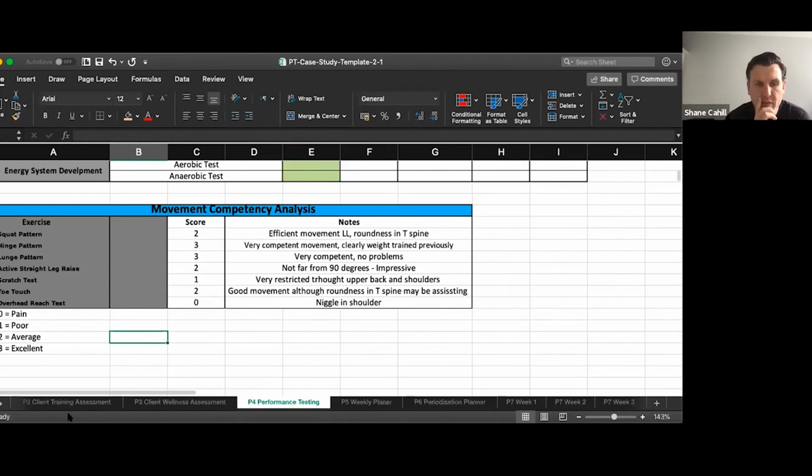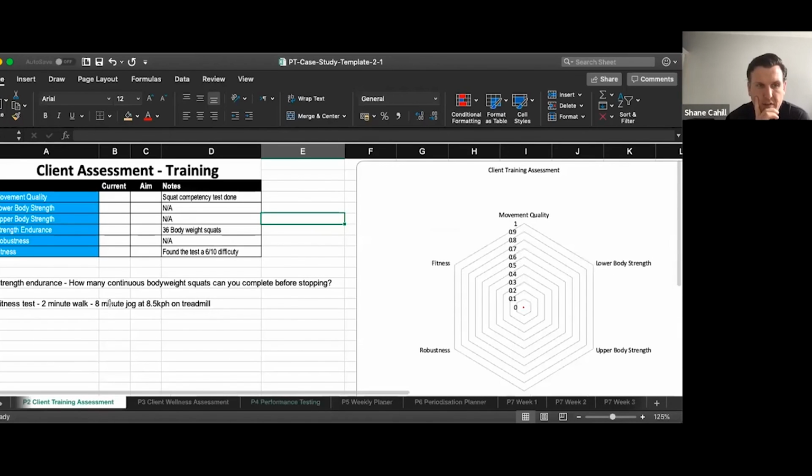Just jump back to the sheet for one more second. Yeah, like Dave had highlighted there, some of those are not applicable at the moment. For the lower body strength, he has no way of testing that because the strength endurance isn't enough of a foundation to test that. So it's not applicable.